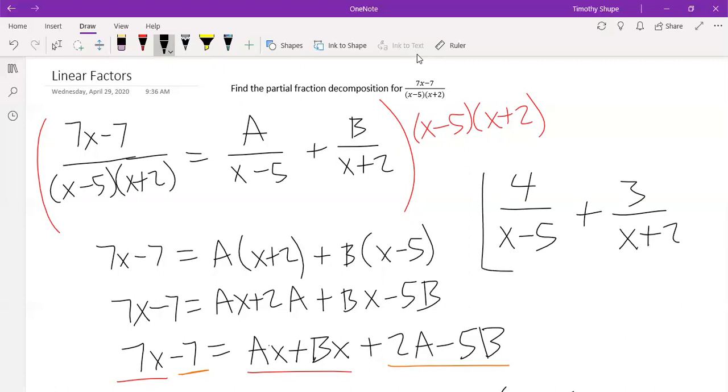That is my partial fraction decomposition for the original fraction we had. If we were to add these two fractions together, we would get that original 7x minus 7 over the two factors fraction. That is our goal when we're doing this partial fraction decomposition.